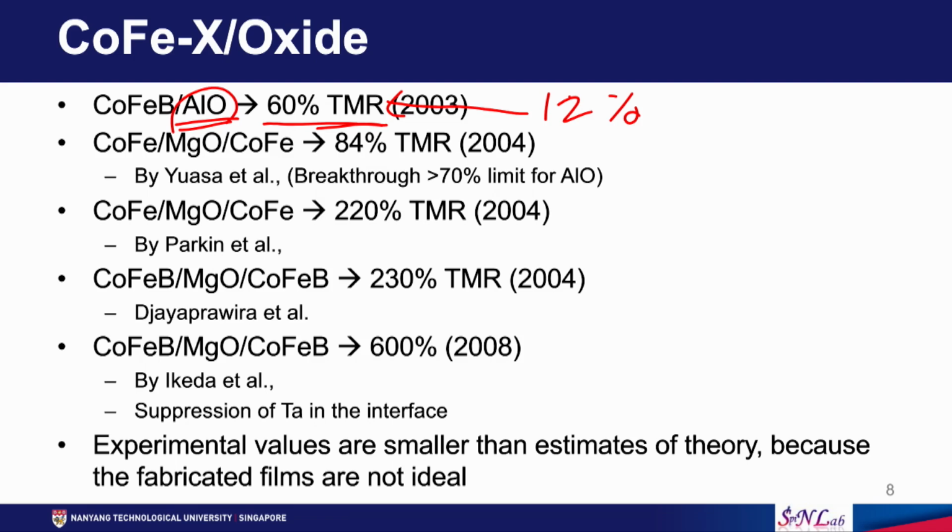Then a breakthrough came in 2004, where a group from Japan came up with 84% TMR. Then Stuart Parkin came up with 220% TMR. Then the same group in Japan came up with 230% TMR and so on. So, 2004 is the onset where magnesium oxide made a breakthrough.